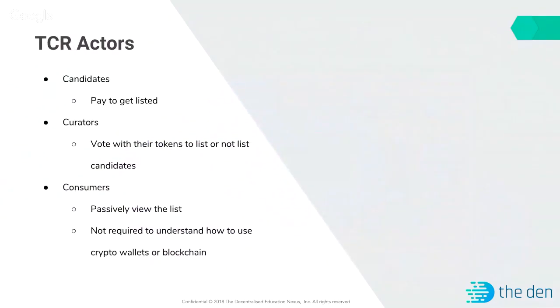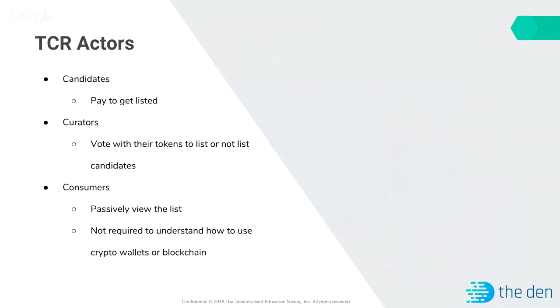Within a token curated registry, there are actors, and there are three types of actors. One, we have candidates, and these are people who want to get listed on this registry. If we have a registry that's in demand, people will essentially pay or put a deposit down in order to get their business listed on the registry.